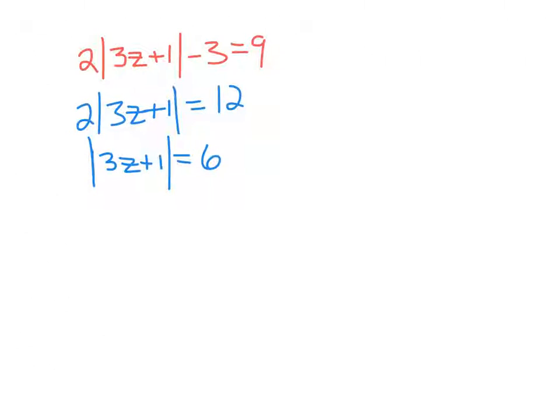equaling 6. Now that we have all the numbers that are outside of the absolute value symbol to the other side, we can set up our equations now. So one of our equations is going to be just exactly the same, without the absolute value, and the other one is going to be almost identical to that, except we have to multiply the right-hand side by negative 1.